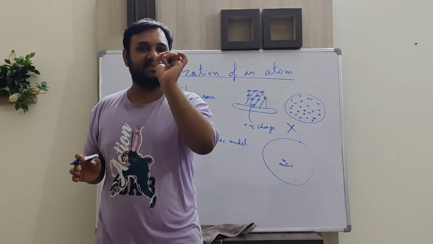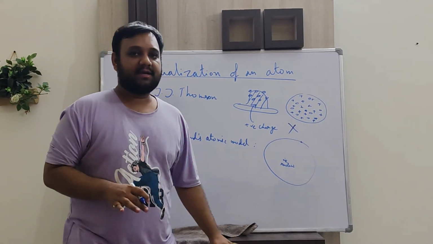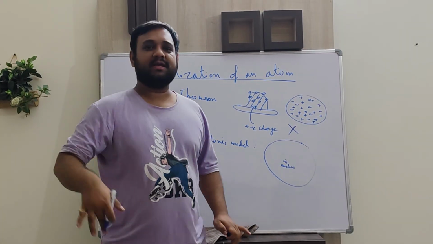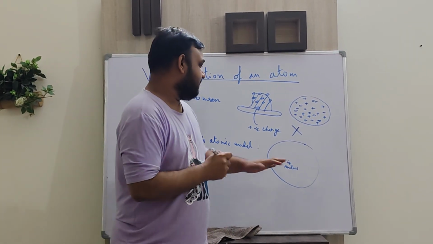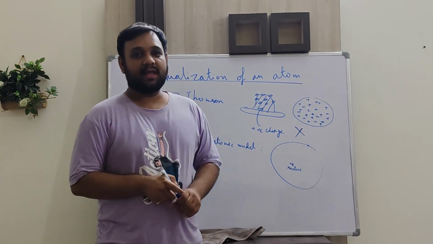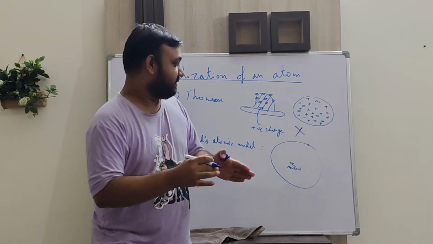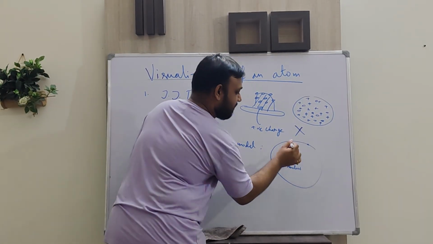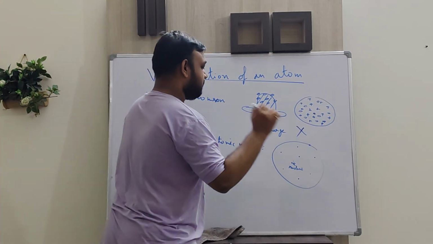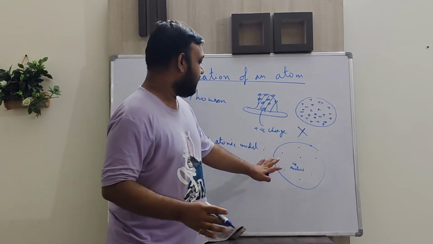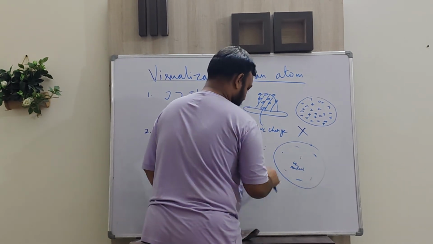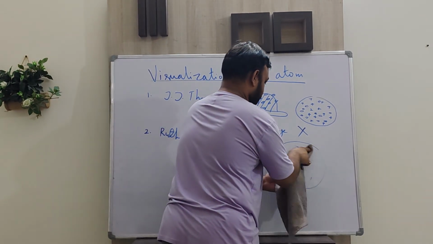Rutherford did not exactly specify how they are oriented or how they are moving, but he said they rotate outside the nucleus, and almost everything is empty. That was the model which justified how alpha particles can pierce through the empty space. So it could justify that situation. That's why this was the Rutherford model of an atom.